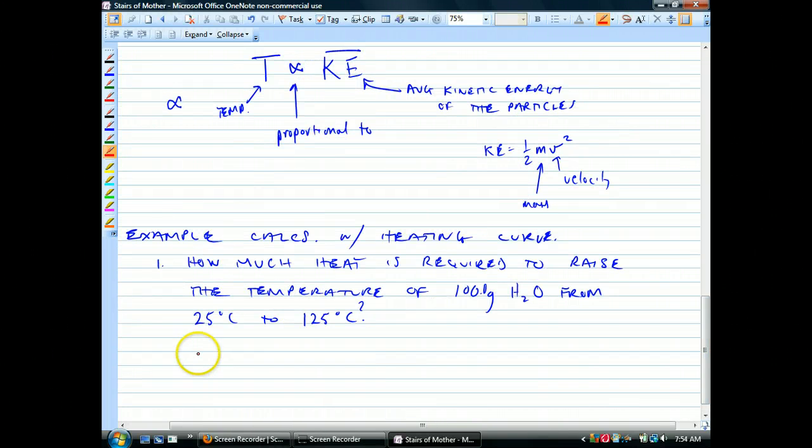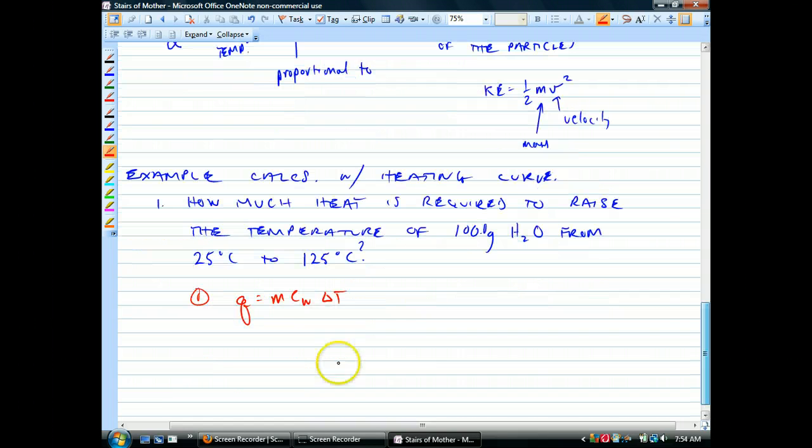We've got one step where it's going to be Q equals MC for water delta T. I've got 100 grams, I said here. We know that C for water is 4.18 joules per gram per degree C. This is the liquid water portion, when we're between 25 and 100. And then we're going up by 75 degrees C here. We've got a change of positive 75. Why 75?